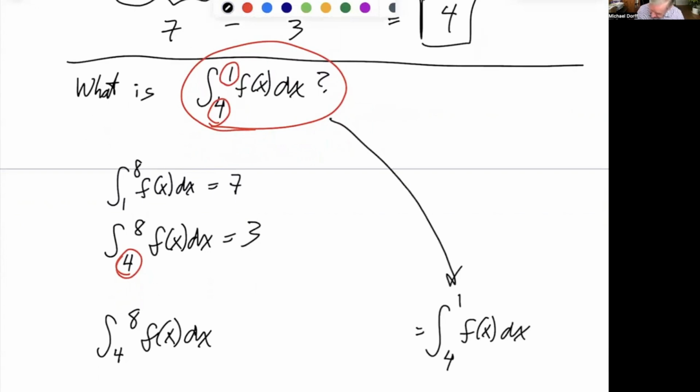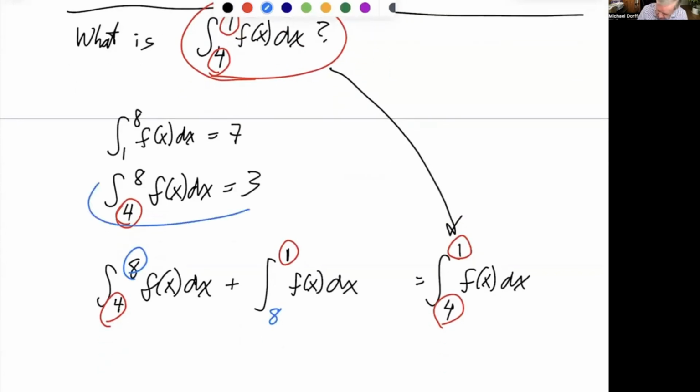What do I need to do to make that the same? Well, I need to have a 1 up here so that these both have 1s and they both have 4s. And to match that out, we have an 8 up here, so I need an 8 down here.